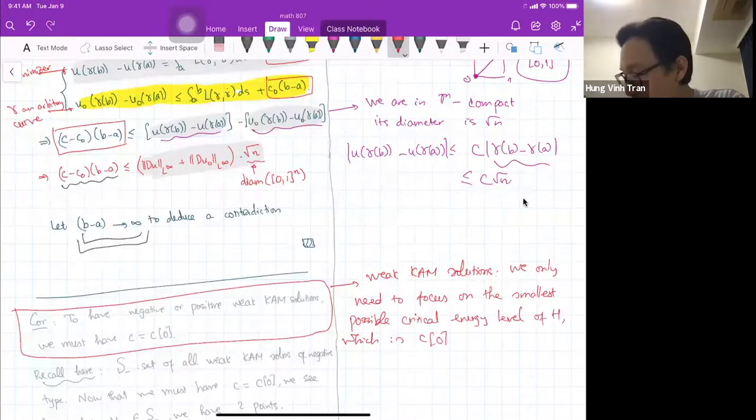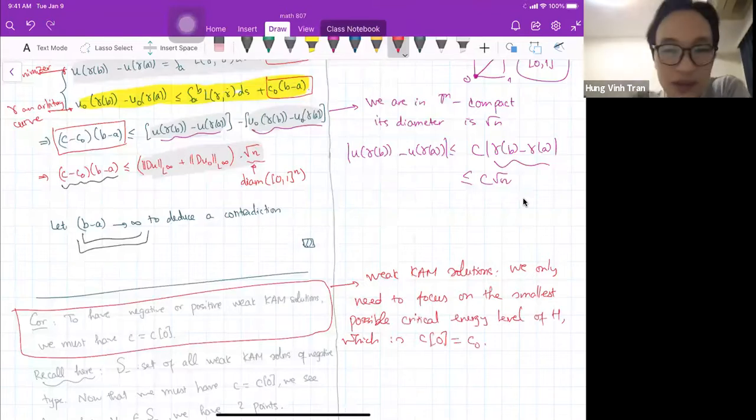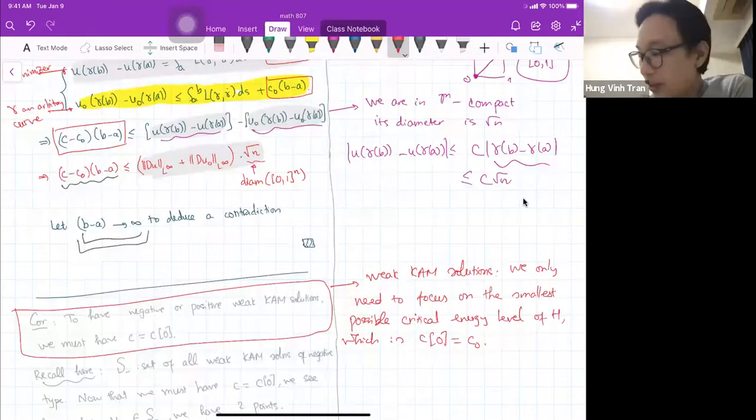Let me say right away that sometimes I'm going to write C naught as C subscript 0, because sometimes I might just forget. So that's the first very important point.